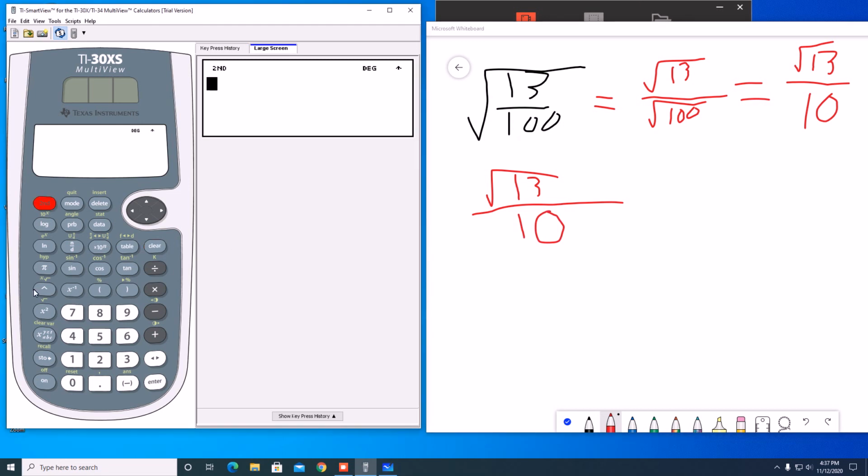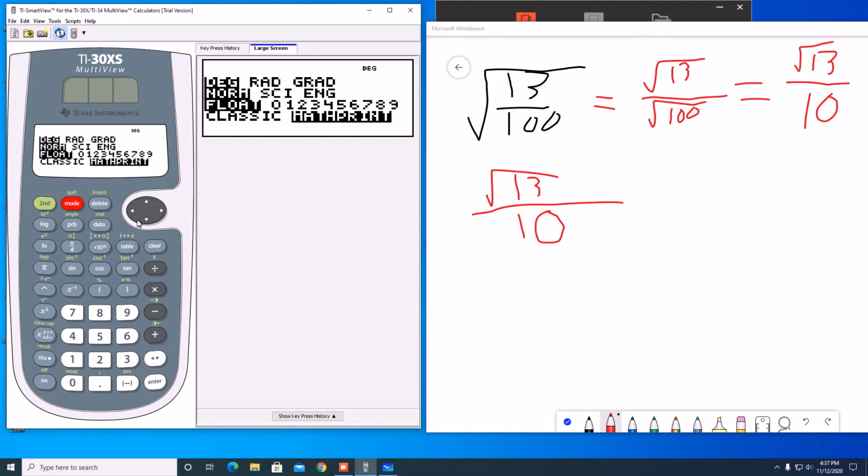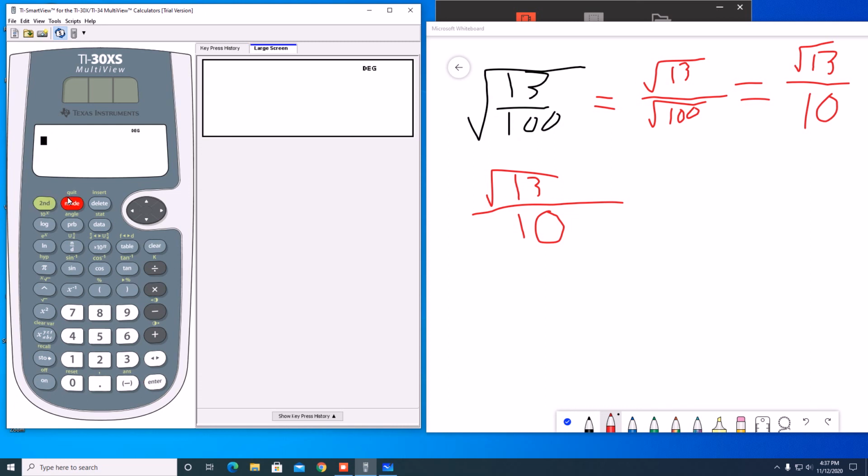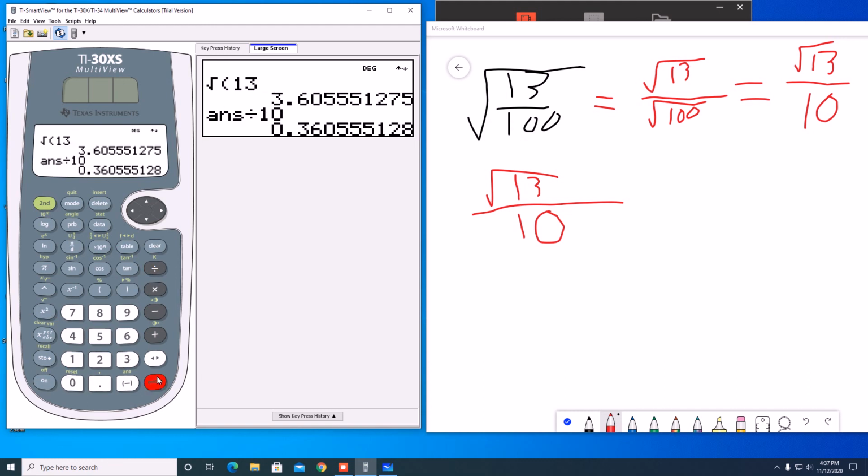So I'd put the square root of 13 in first. Oops, actually I'm going to change the mode first to classic, hit enter, and then second quit. And then I'm going to get the square root of 13 and hit enter. And then I'm going to divide that by 10. And so I get 0.36055, yada, yada, yada. And so that is my answer as a fraction, or as a decimal.